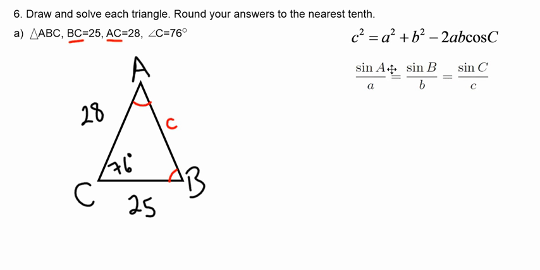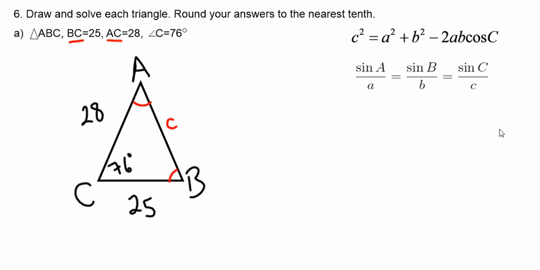But in order to use the sine law, I need one of these pairs. So I need sine B over B or sine C over C or whatever. I need to know both an angle and its opposite side. And in this triangle, I don't have that. I know side A, but not angle A. I know side B, but not angle B. I know angle C, but not side C. So I can't use the sine law. So this is a cosine law question.